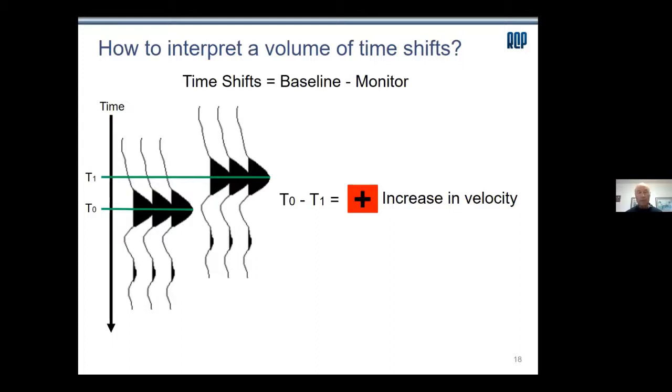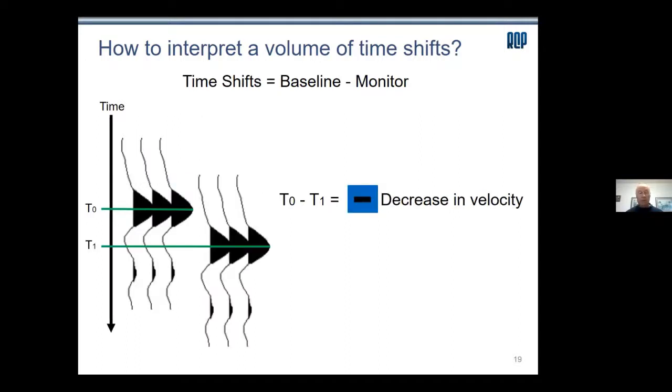And we measure that by these time shifts. In this case, we're measuring an increase in velocity, or a positive time shift. And of course, if it goes the other way, it'll be a decrease in velocity or a negative time shift.